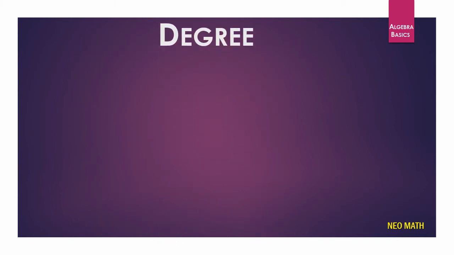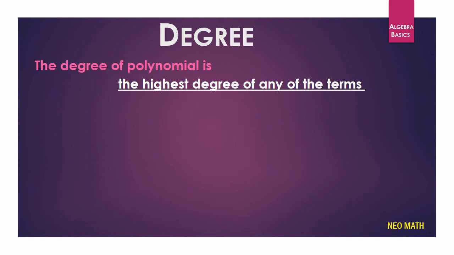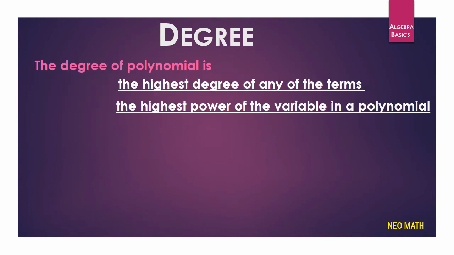Next is degree. The degree of the polynomial is the highest degree of any of the terms. That is the highest power of the variable in a polynomial. So for example, x² + x + 3x⁵. Here we have 3 terms, x², x and 3x⁵.